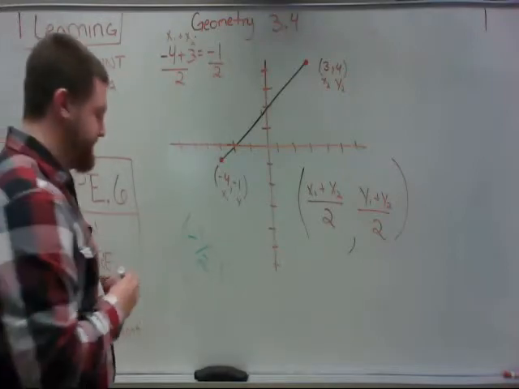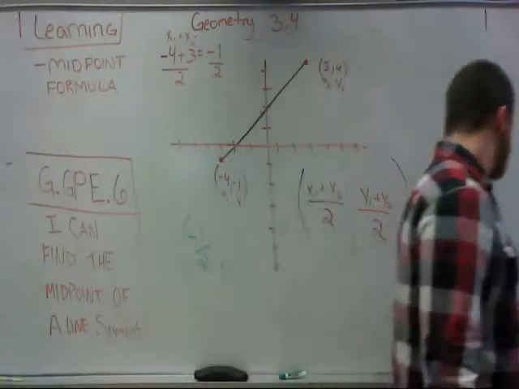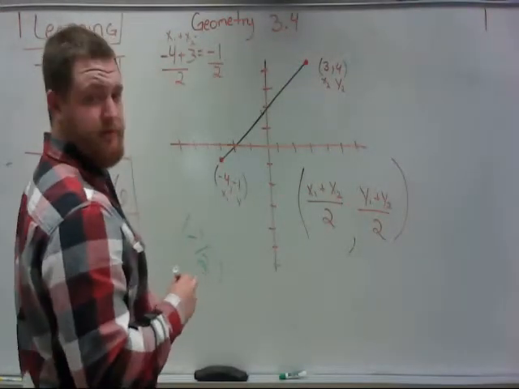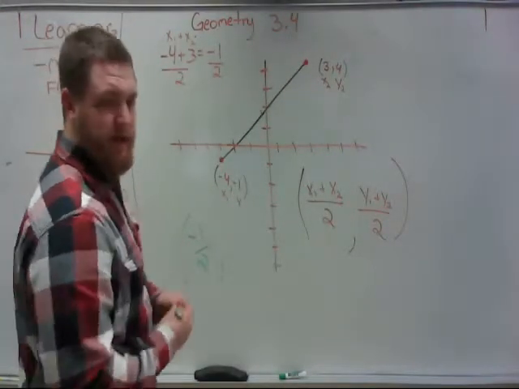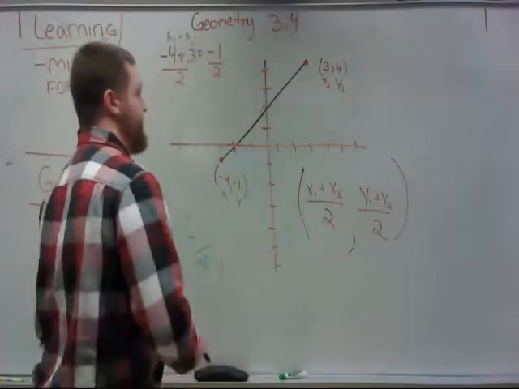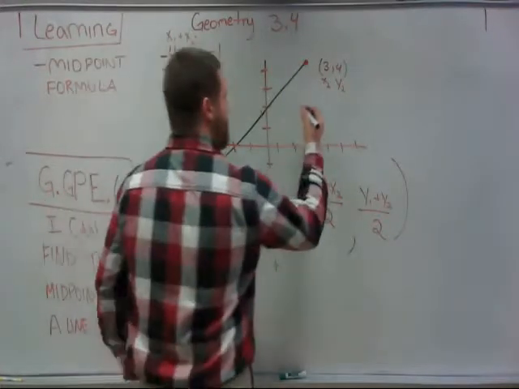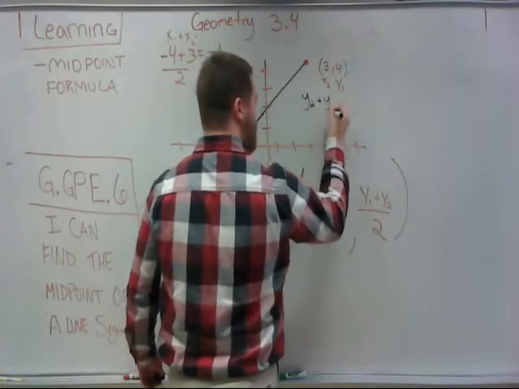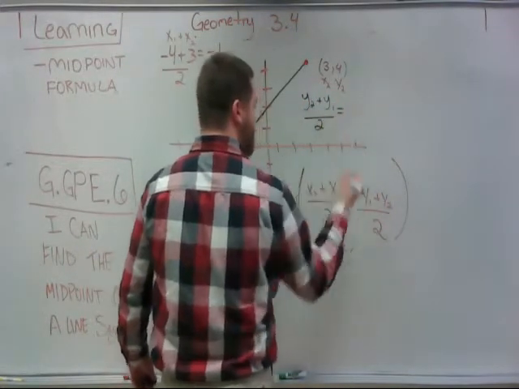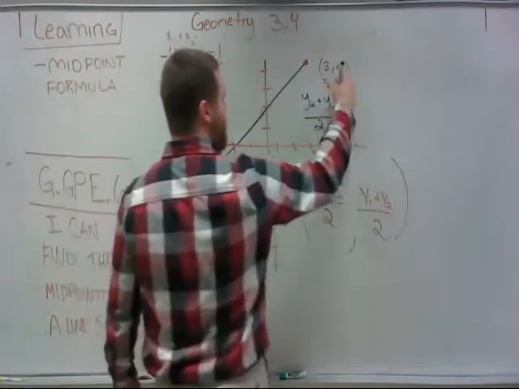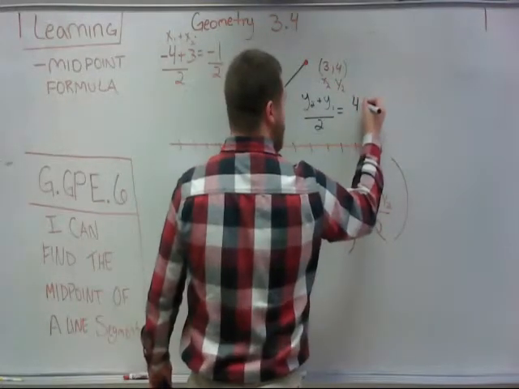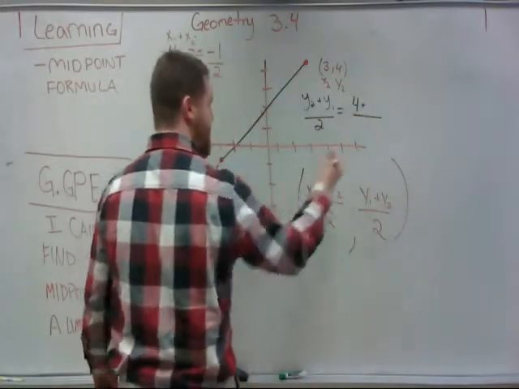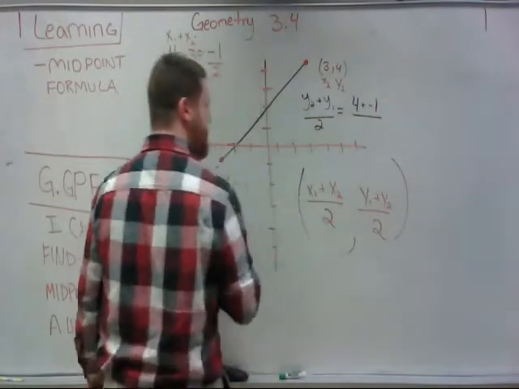Okay, let's find the y. So I'm going to do y1 plus y2 divided by 2. Let's do this in black so you don't get confused. So we'll do it right here. y2 plus y1 divided by 2. y2 is 4 plus y1. y1 is -1 divided by 2.